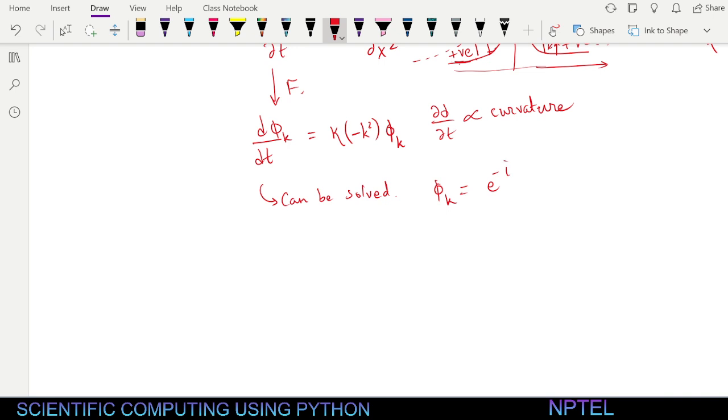So it becomes e to the power minus kappa k square t, sorry, there is no i, times phi k at 0. Once you have phi k of t, you go back to phi of x comma t. Okay. So this is how you solve it.